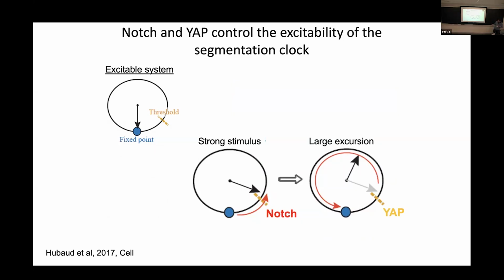That explained some of the experiments that we had a very hard time figuring out, namely the fact that we can get oscillations in the absence of the ligand for Notch. We can isolate the cells and get them to oscillate by lowering the excitability threshold. If we completely remove YAP signaling, the cells start to spontaneously oscillate, even in isolation.